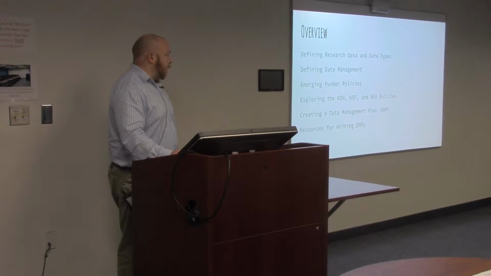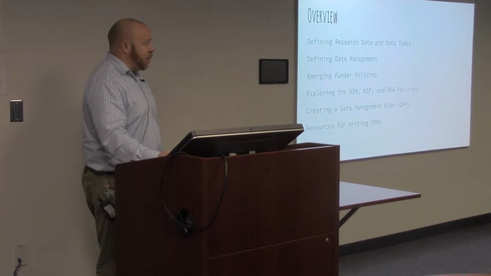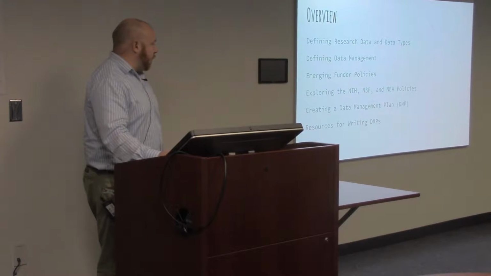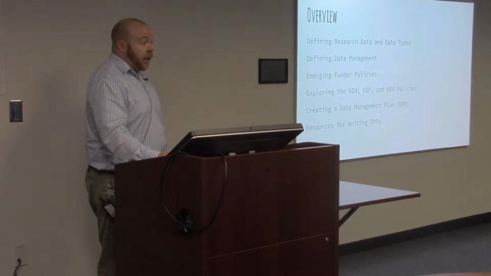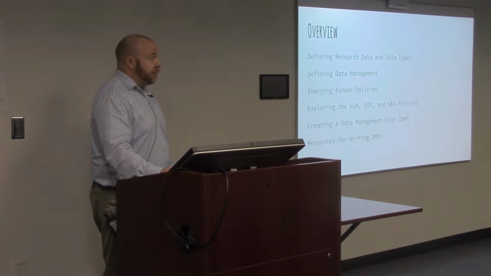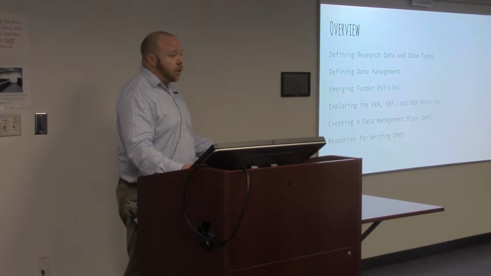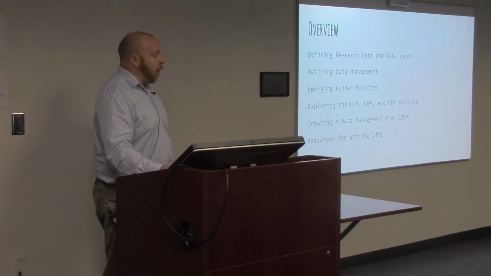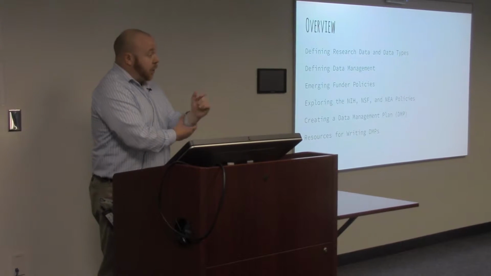Particularly, we'll spend a lot of time with the NIH and the NSF, and we have some information from NOAA as well as some humanities agencies. Then we're going to spend time actually looking at data management plans, and you'll have some time to poke through some resources we have, because I'm going to show you a tool called DMP Tool, which is created to help you actually write data management plans by funder agencies. Any questions before we get started?